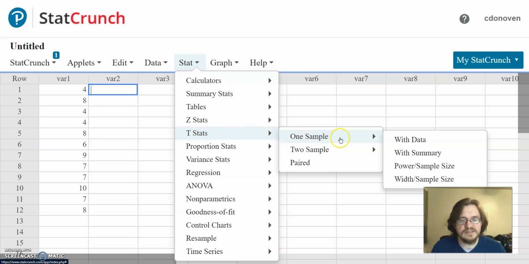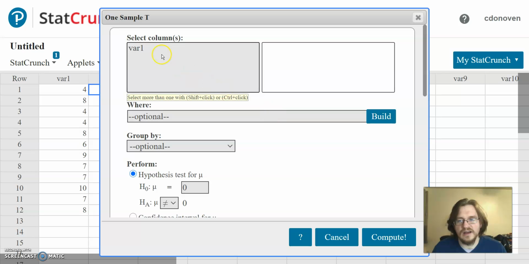We have one sample, and the difference between with data and with summary: with data refers to the fact that we have each individual data value here. With summary would be if we were to just plug in the average and standard deviation ourselves. So we will do this with data.